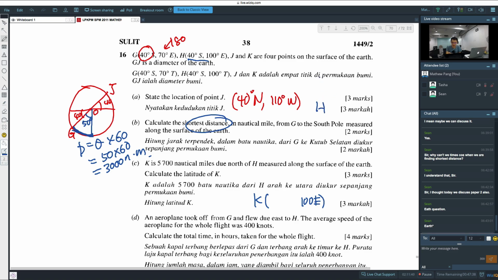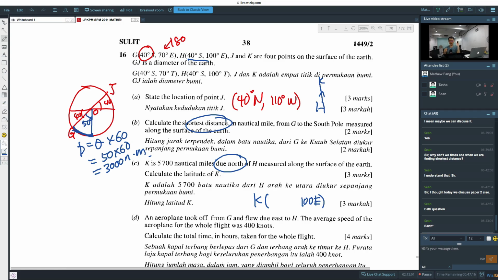And then of course, I want to know how far the 5700 means it travels. The distance between them is 5700, but I want to know the angle. Since it's due north, I know distance equals angle multiplied by 60.